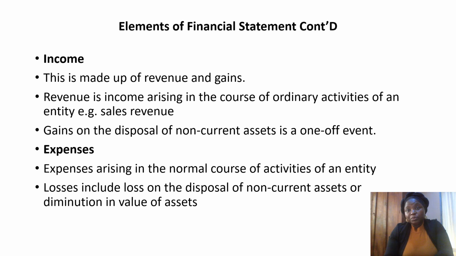For instance, if you pick a copy, let's assume the statement of financial position is prepared using statement format. There will be a section for the assets where the assets are recorded. There will be a section for the liability. Under the section for the assets, you are able to identify the non-current assets.